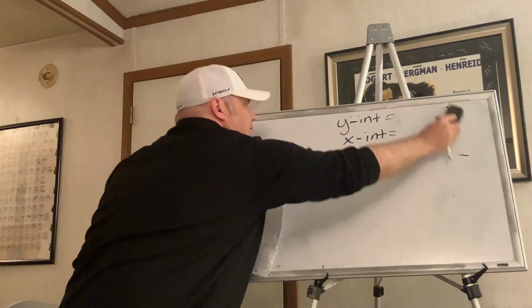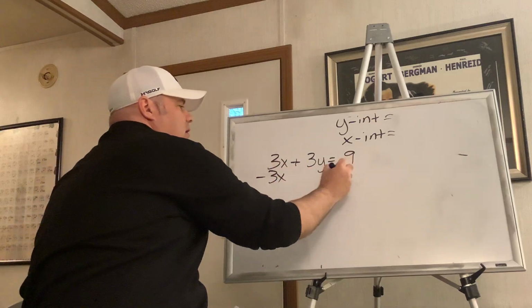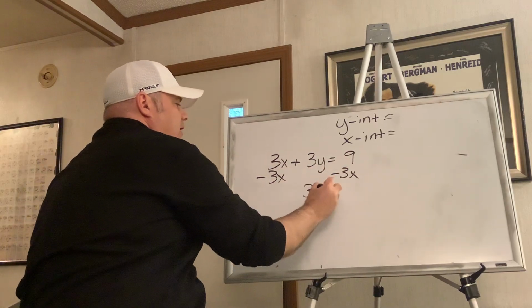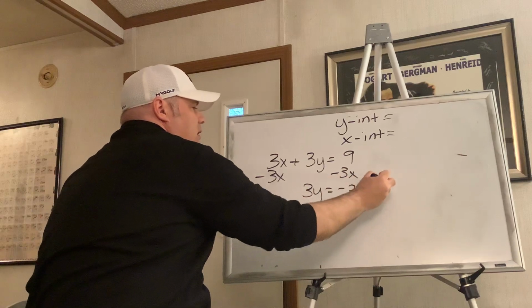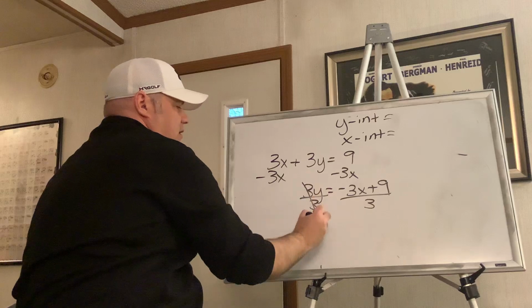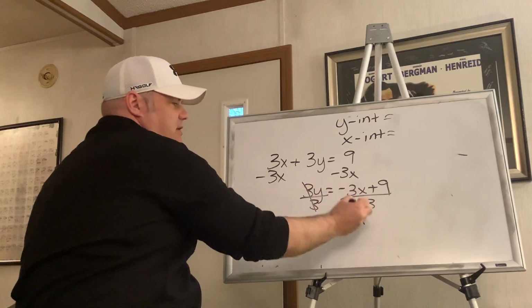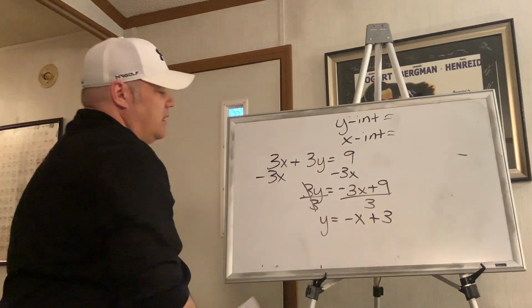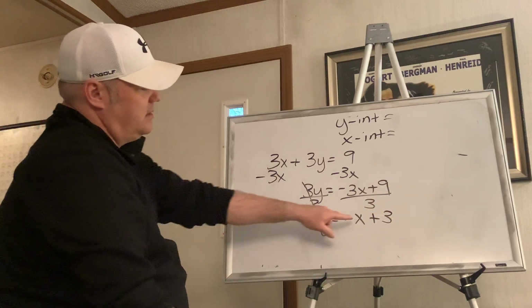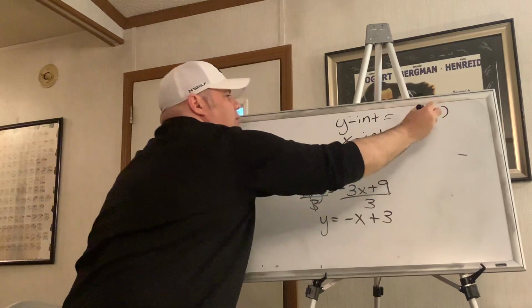So this is the one where you move it, have it cut in line. Then divide by 3 so that you have y equals negative x, that's negative 1x plus 3. So my y-intercept is 3. So when x is 0, the y is 3.